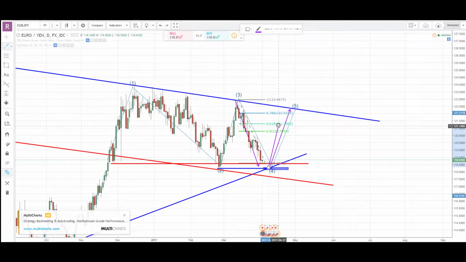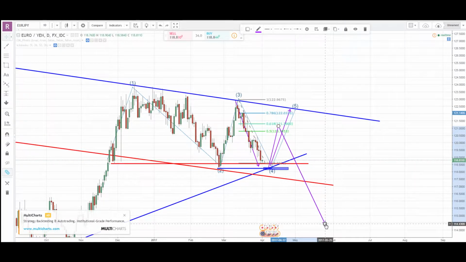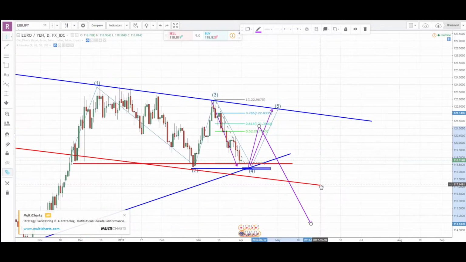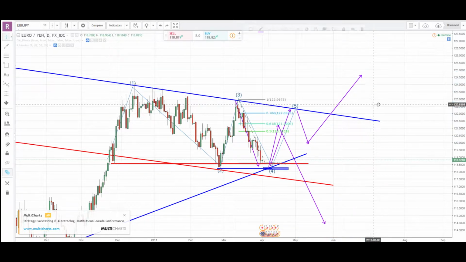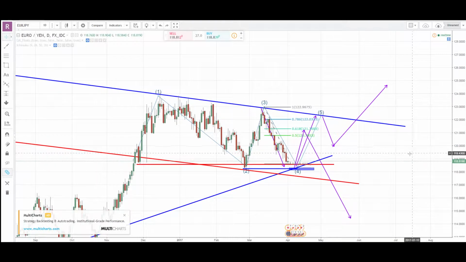If things go badly, it will break down and keep going down. While if things keep going well, it will reach the upper swing, retrace, and go higher.